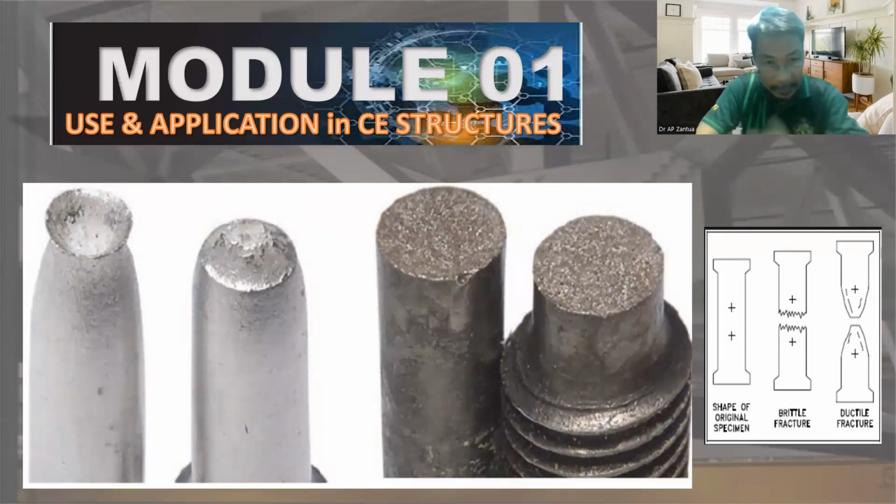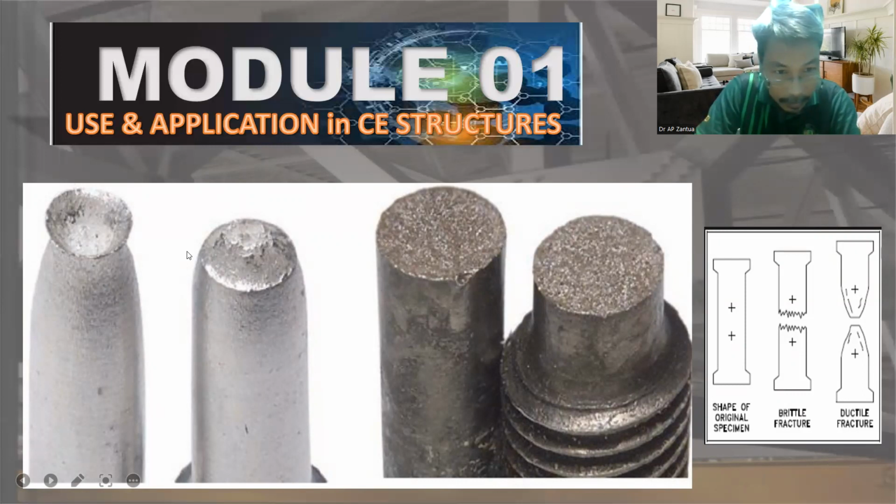You'll notice the diameter here did not get smaller. Unlike here, where the diameter gets somewhat smaller, and that is what we call necking. There is a necking that is clearly observable here.